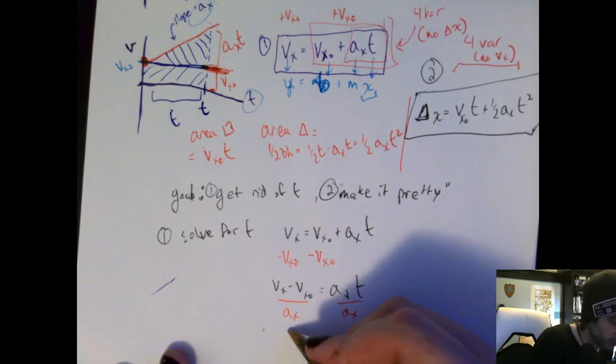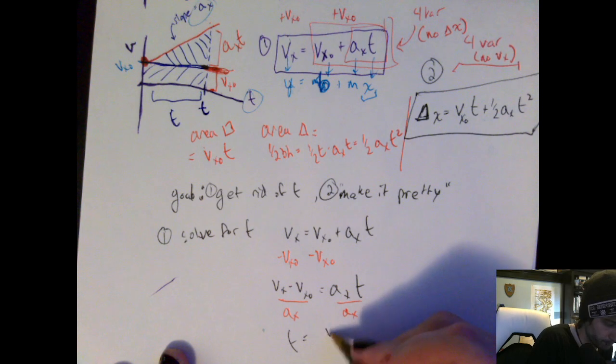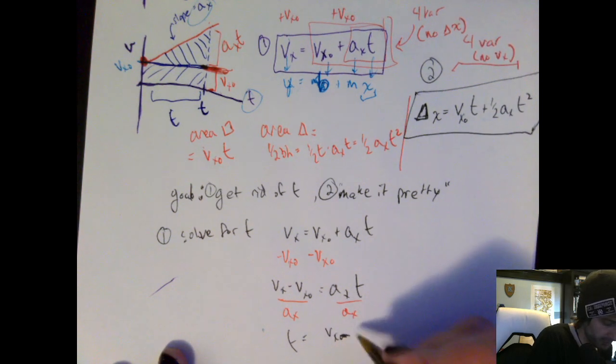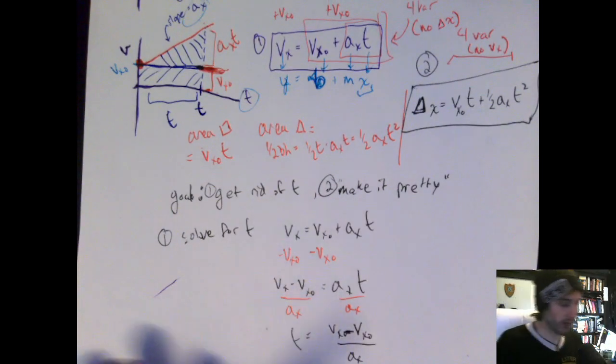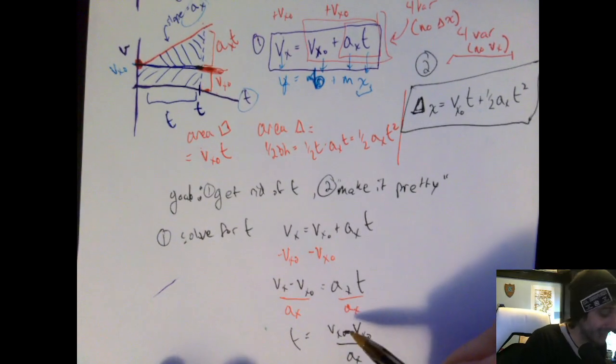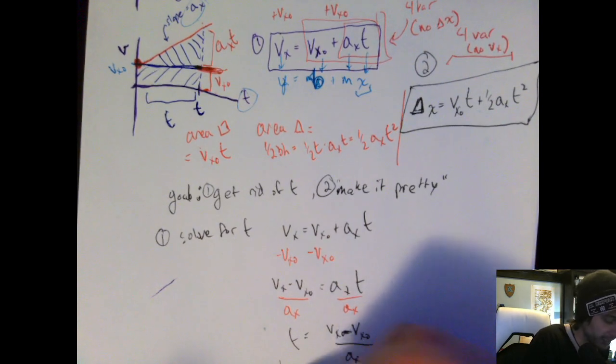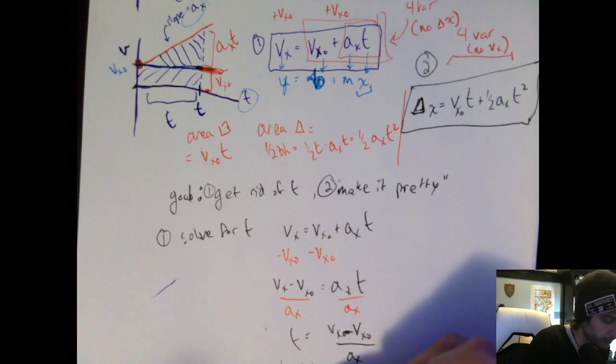At this point, we've got a solved equation for t. Vx minus Vx naught over Ax equals t. What I can then do is take this and plug it into equation 2.